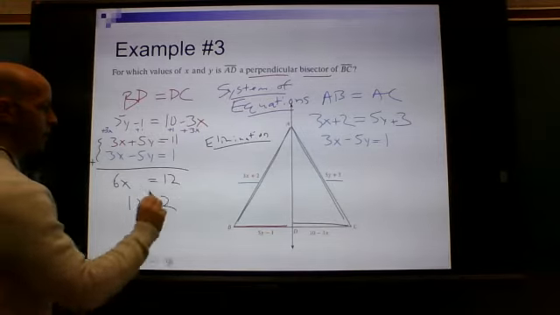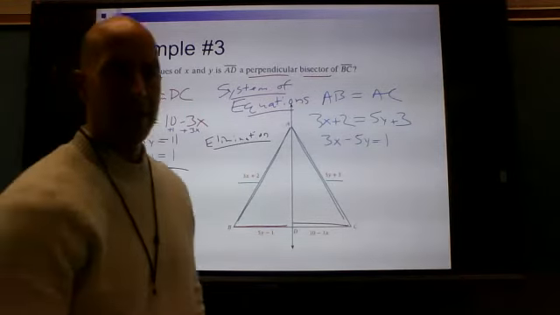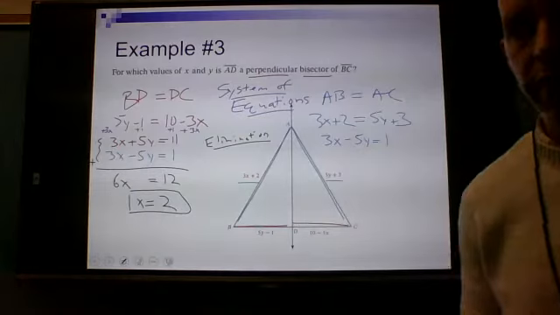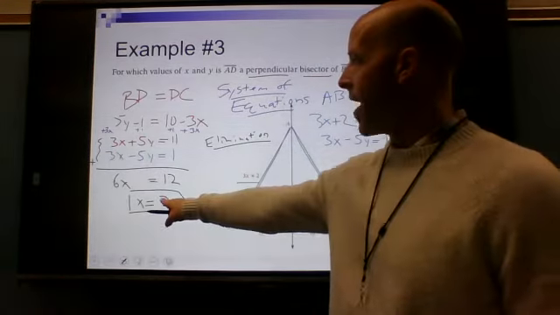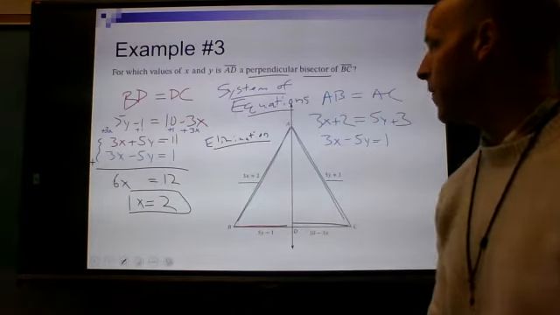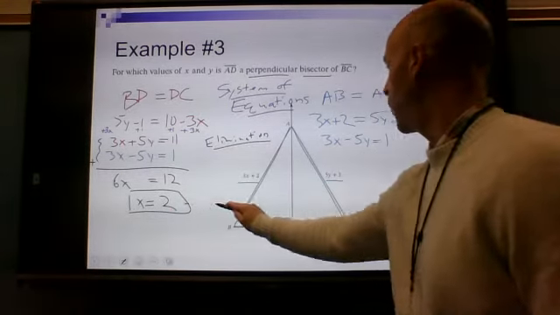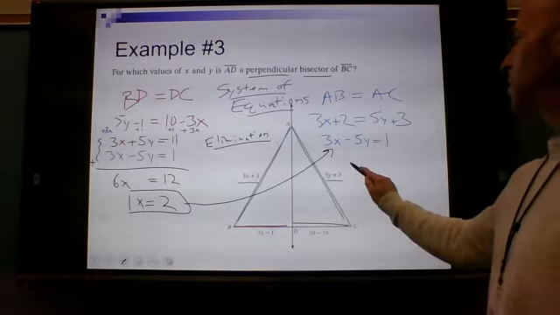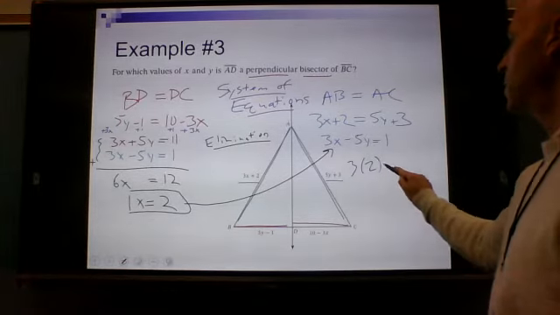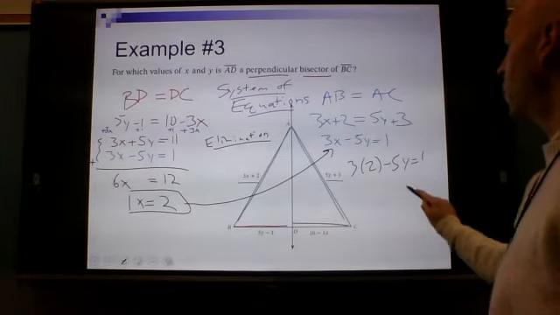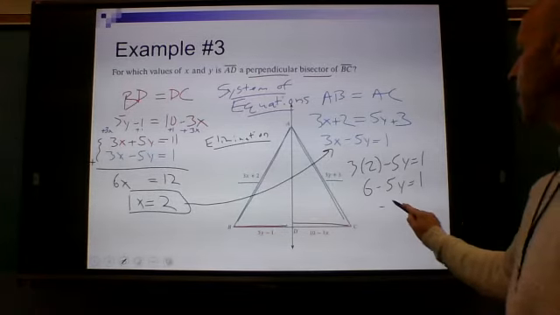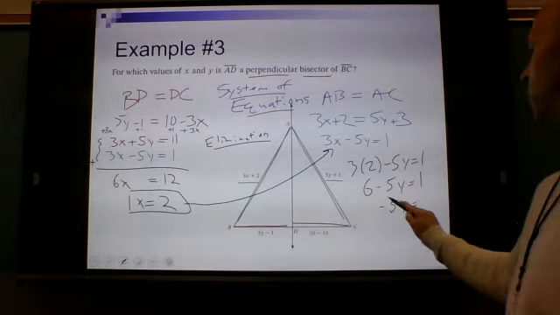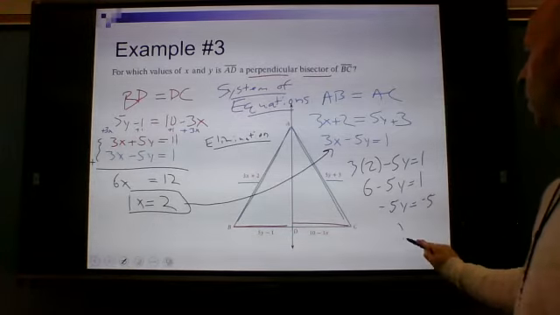Therefore, x is 2. Since x is 2, now I can figure out what y is. I'll plug that in here: 3 times 2 minus 5y equals 1. So 6 minus 5y is equal to 1. Negative 5y is equal to negative 5. y is equal to 1.